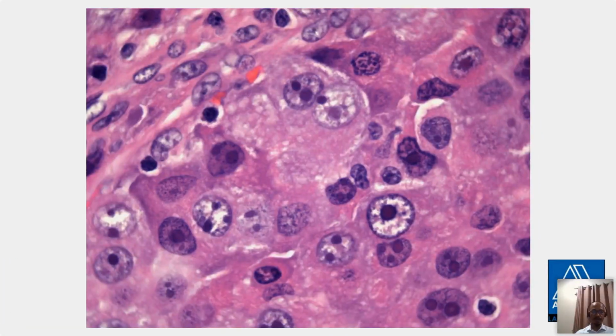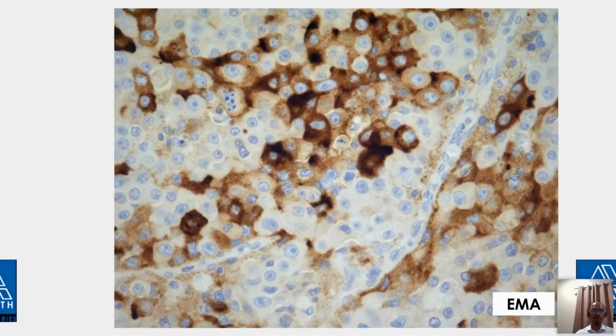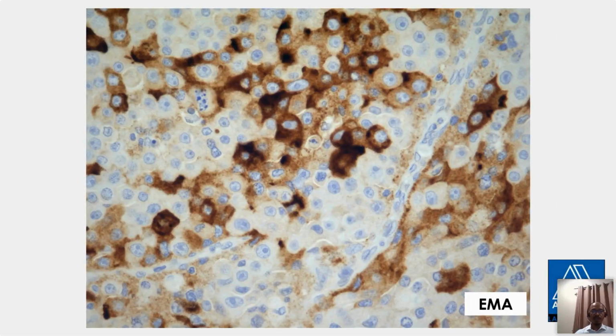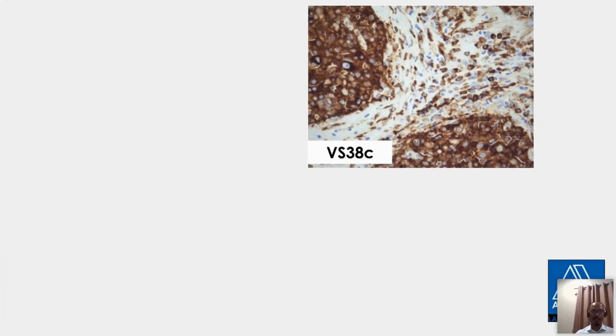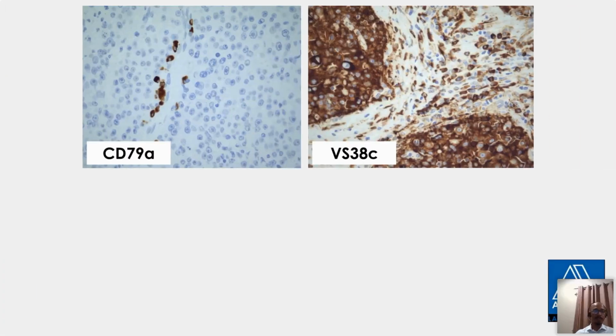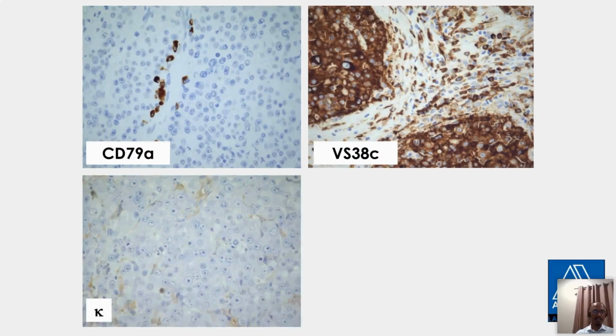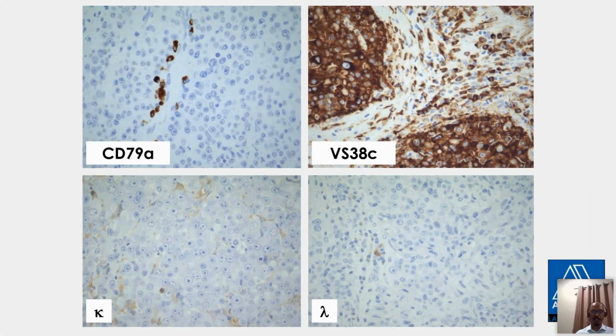And again, the cells had quite prominent nucleoli, and they kind of mimicked plasma cells. And on immunohistochemistry, there was positive staining with EMA, VS38C, which is a marker of plasma cell differentiation. CD79A was negative. Kappa and lambda, there was no restriction.